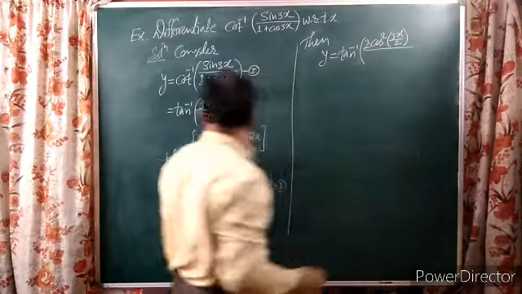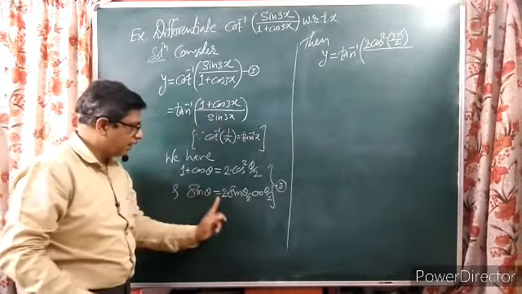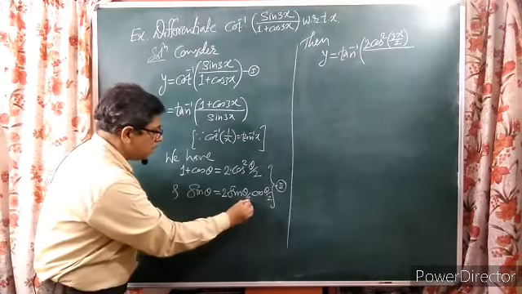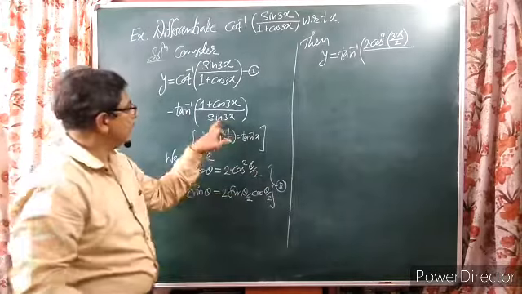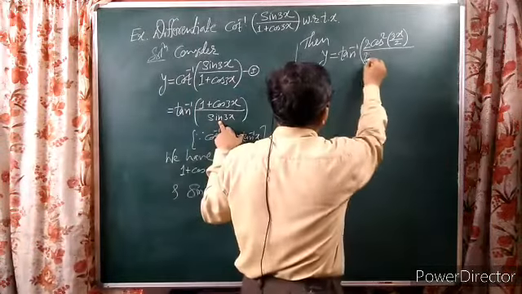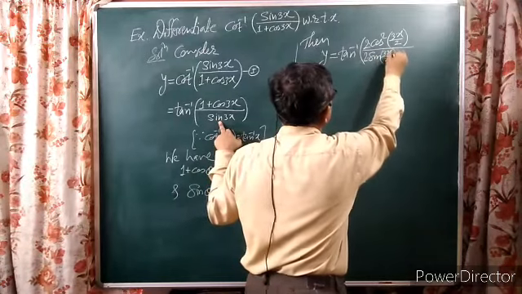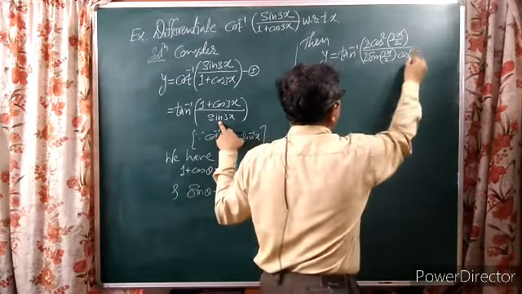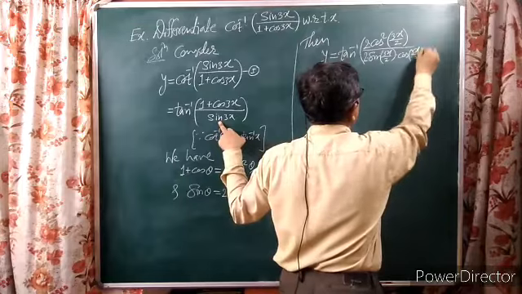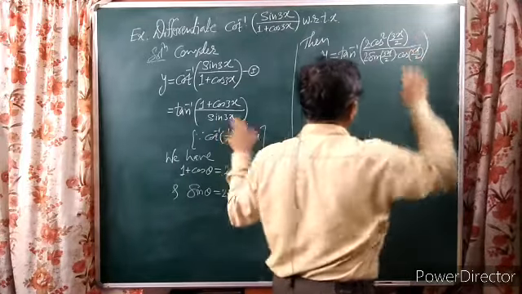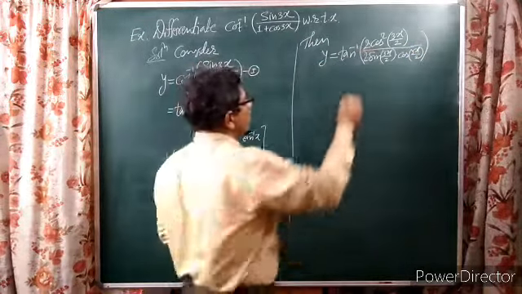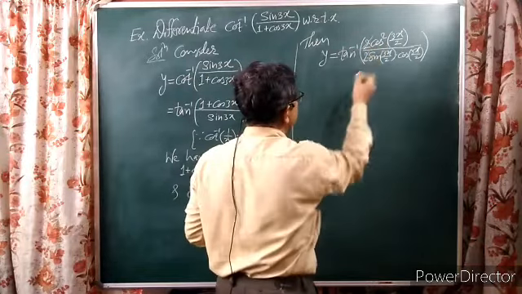It is divided by, for sin theta we have 2 sin theta by 2 cos theta by 2. So here for sin 3x it is 2 sin 3x by 2 into cos of 3x by 2. Now 2 gets cancelled with 2.